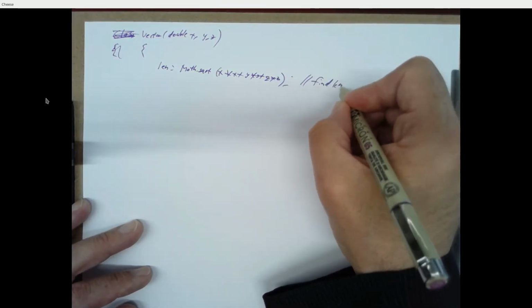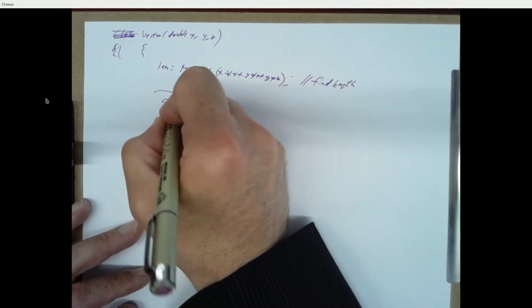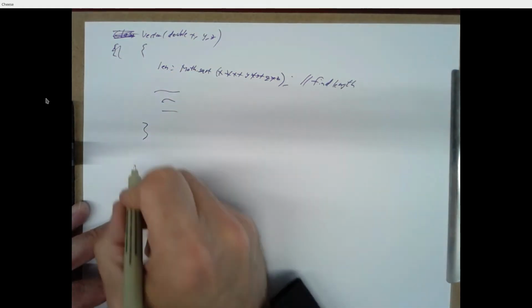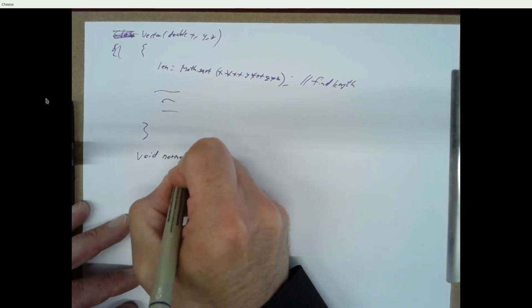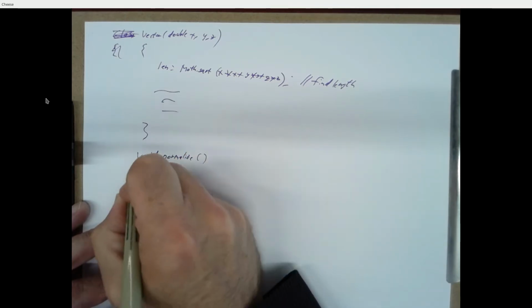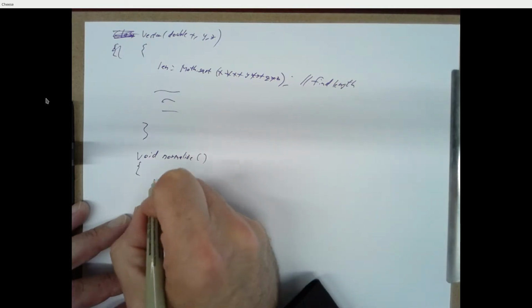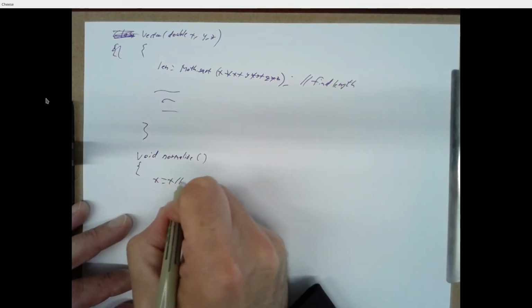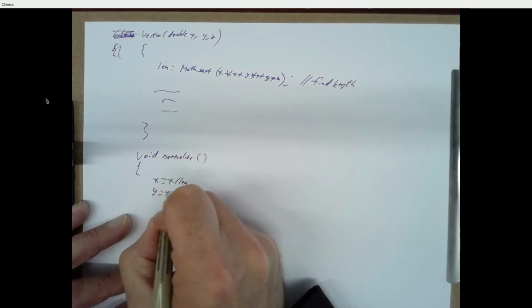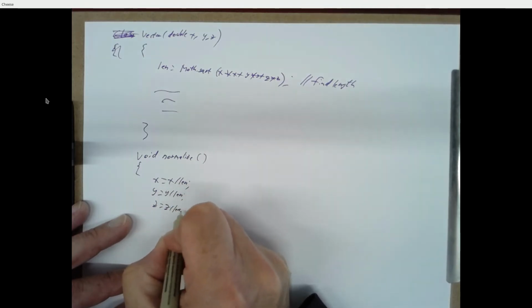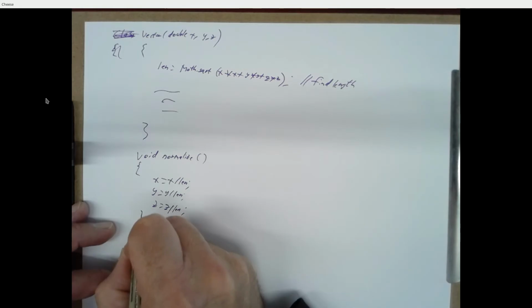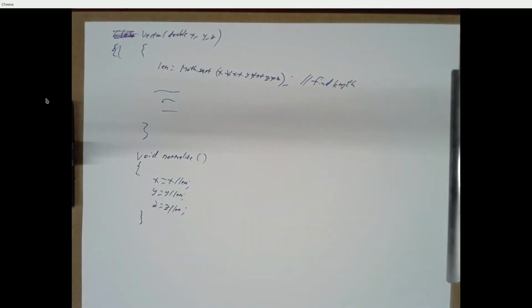Find the length, and other stuff. And then in the normalize routine, x, y, and z get divided by that length.